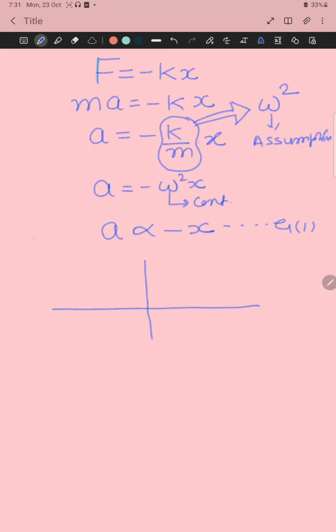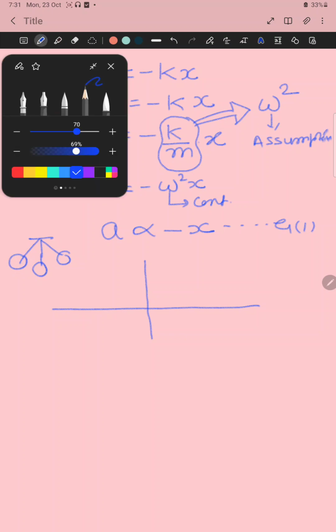Now let's quickly draw a graph and compare it with pendulum motion. Fine.